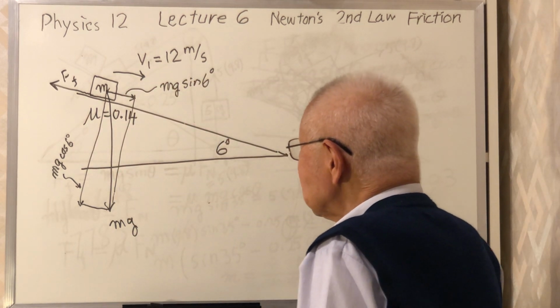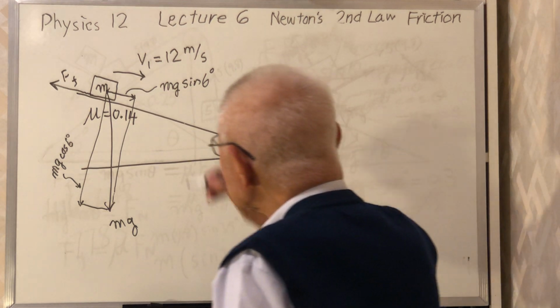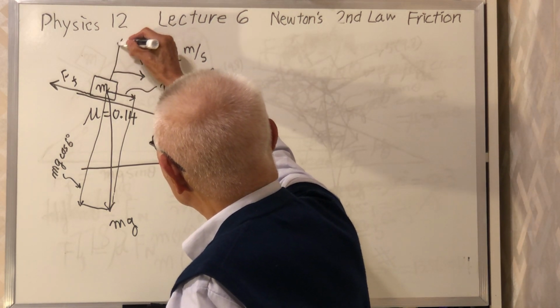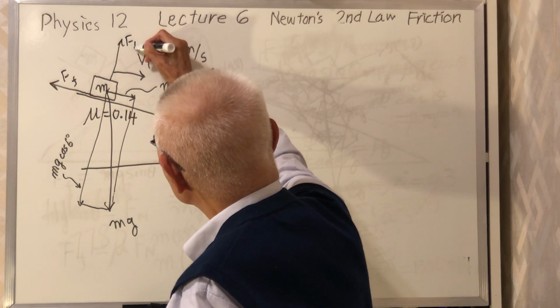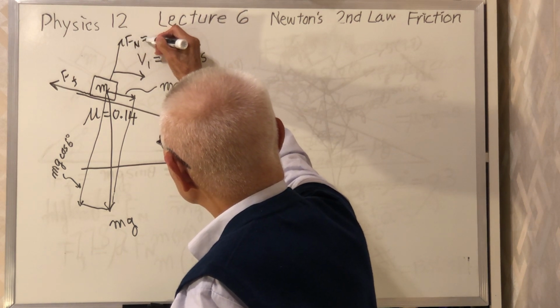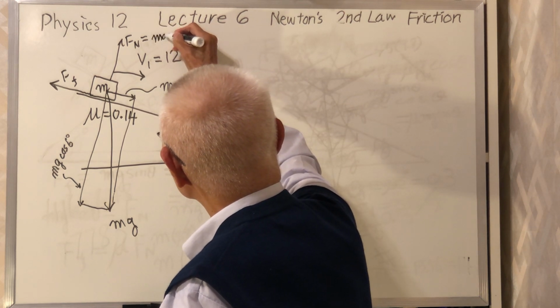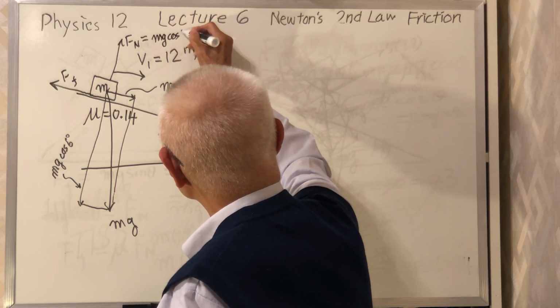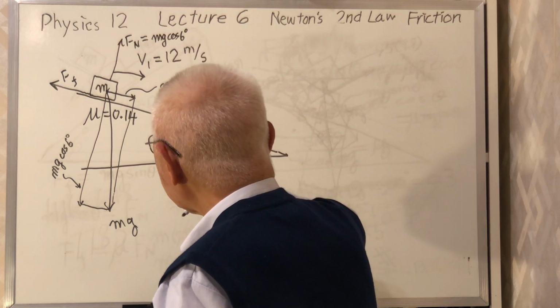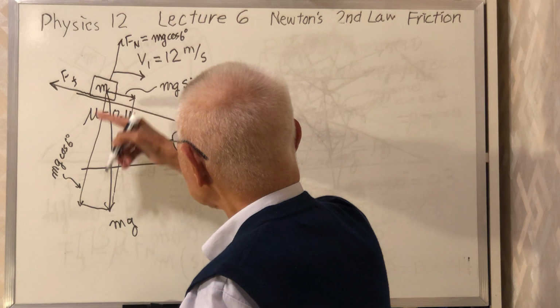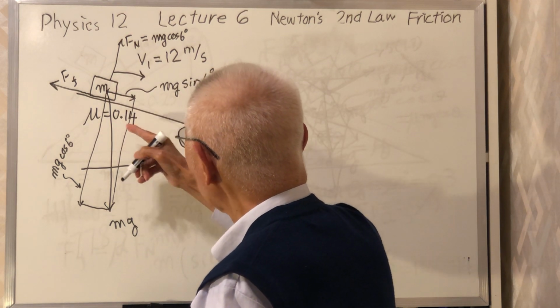And again, there is normal force. So normal force is equal to this, mg cosine. And the friction force is normal force times 0.14.